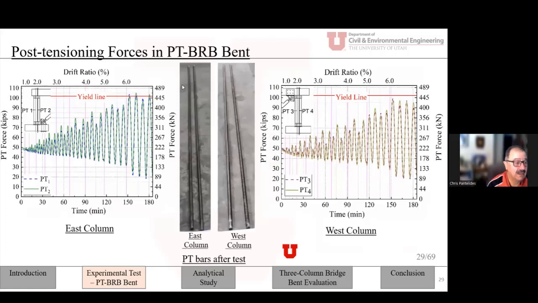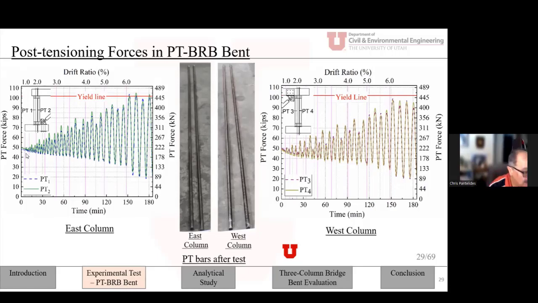You may start out at 50 kips, but as the columns drift, the bars elongate, and they kind of, as you can see barely here, touch perhaps the interfaces and they start gaining strength. So from 50, we went up to 120. In this case, more or less below 100.